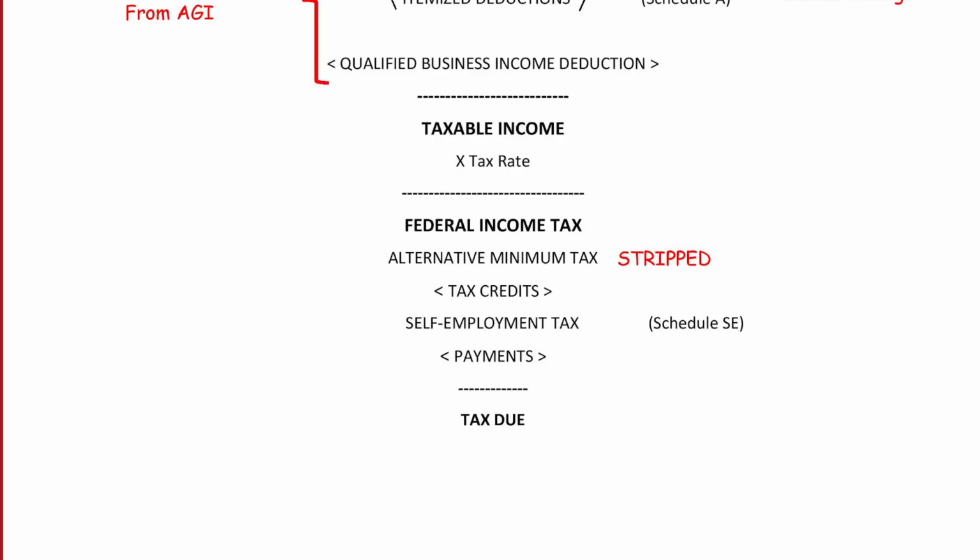Next, we have a dollar for dollar reduction of taxes via tax credits. Now, tax credits may be non-refundable or even refundable. And our mnemonic to put all the tax credits together is write ASDRs equals foreign business winner.